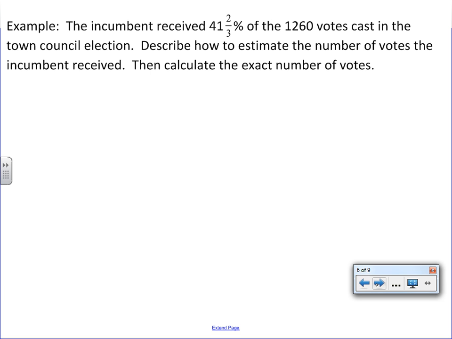Well, instead of saying 41 and 2/3%, we could say that that's pretty close to what percent? We'll say 40%. And if he got 40% of, that means to multiply the 1,260 votes.